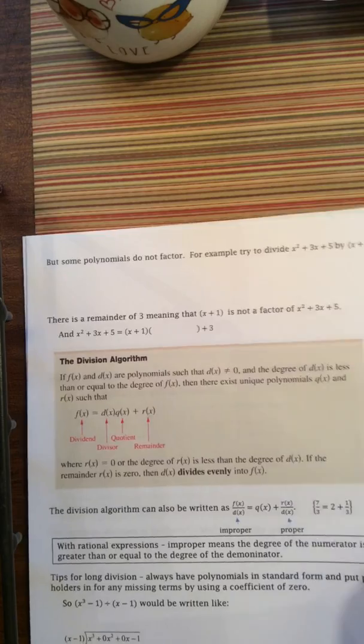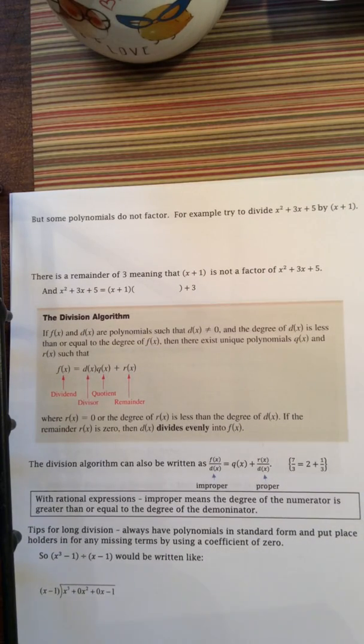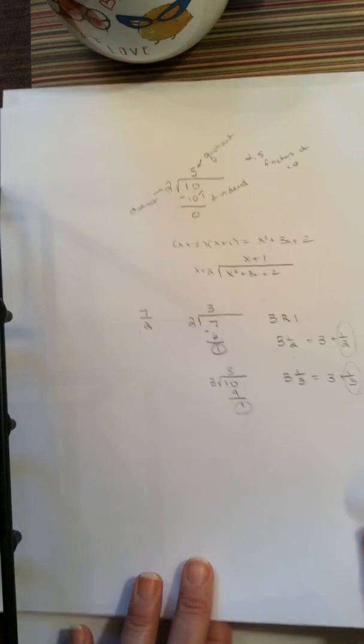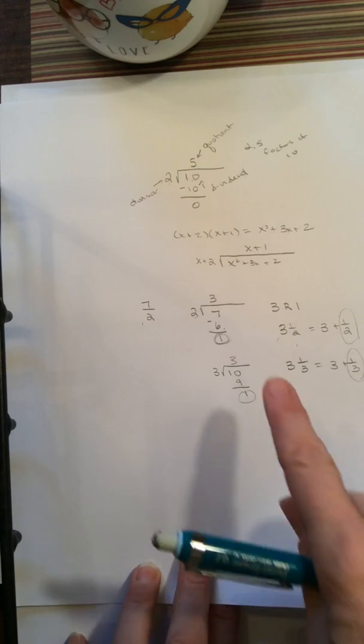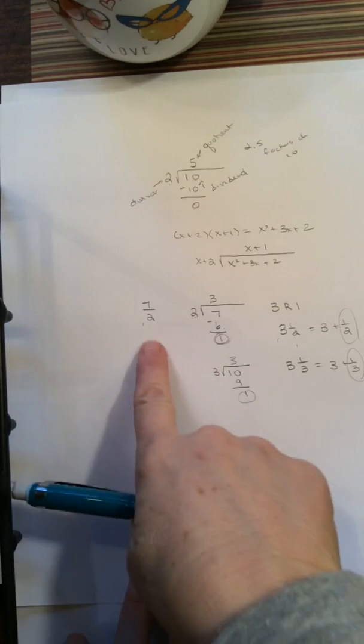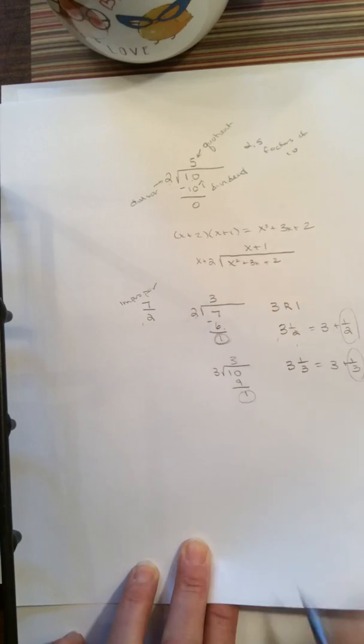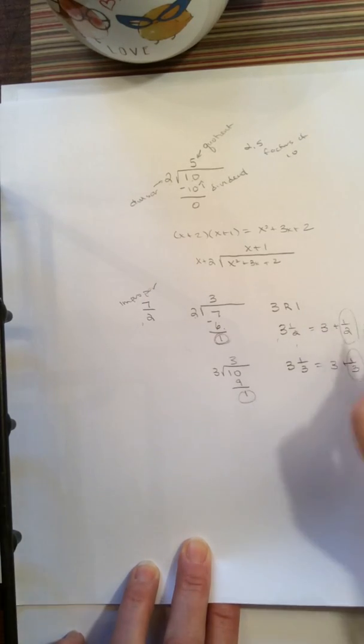All right, so moving on to the next page, we've got to think about, well, wait, what happens when polynomials don't factor? So if we think back to the numbers I was talking about before, 2 isn't a factor of 7. So what does that mean? Well, I still can take this thing that we call improper, and I can make it proper.